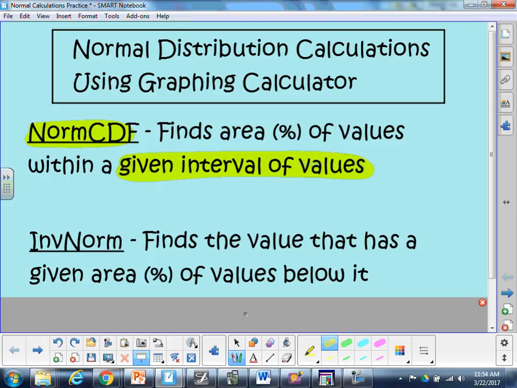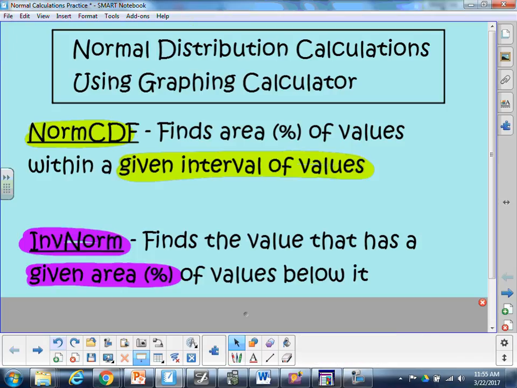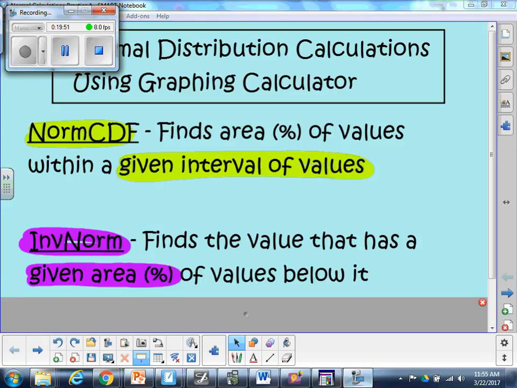If you are trying to find an actual value from the data distribution, you can use inverse normal. If you're given the area, given a percentage, you want to try and find a value. So just practice a little bit on the two, and that should make it a lot easier and avoid the need to really do too much with the z table at this point.